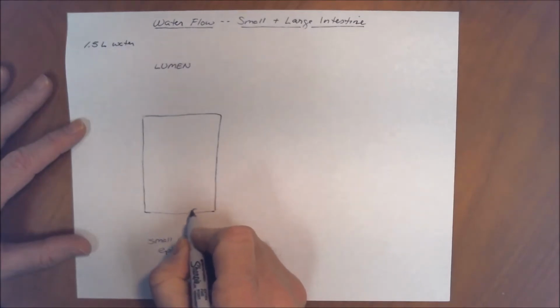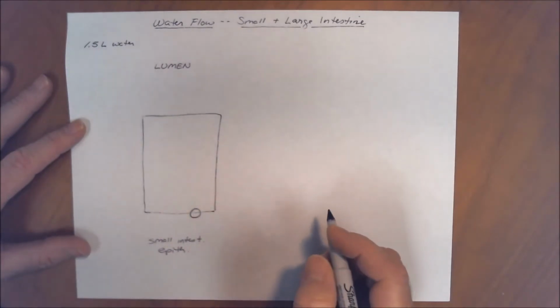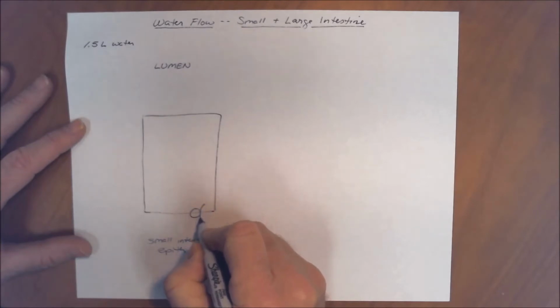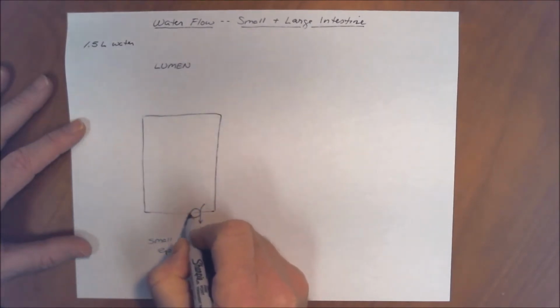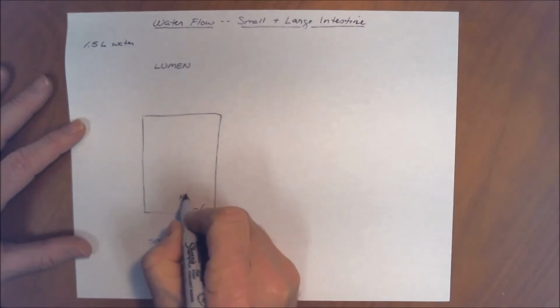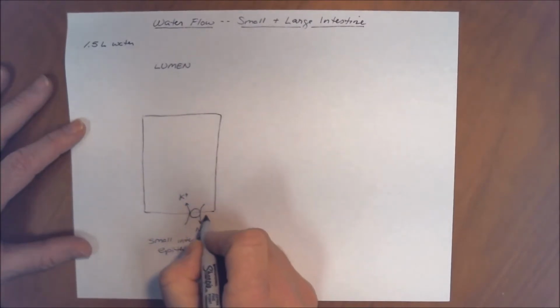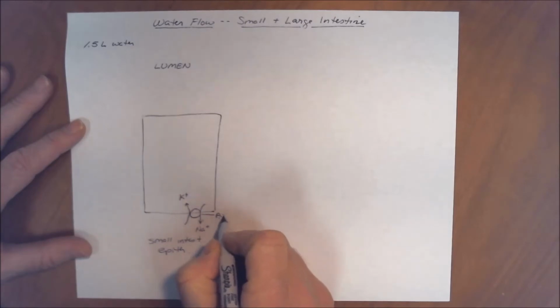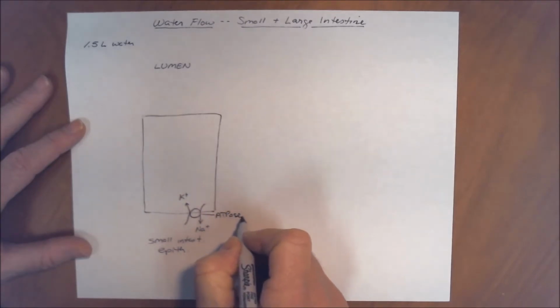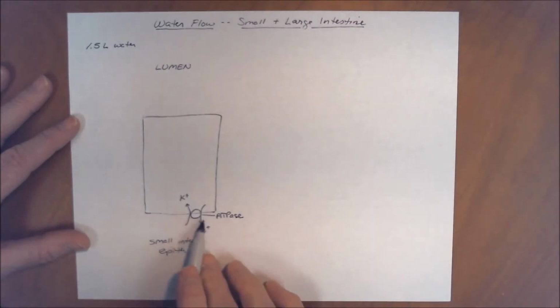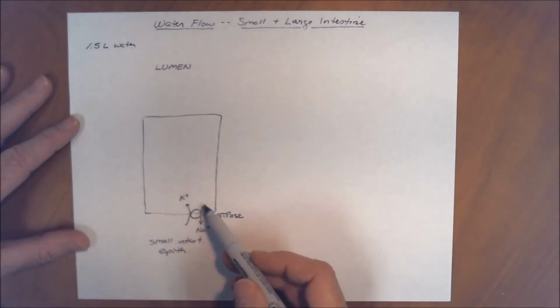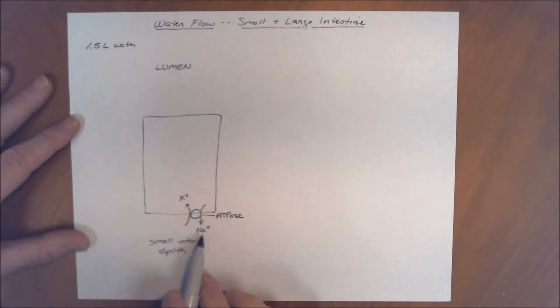Now in the basal surface here we have our classical sodium potassium ATPase transporter. So remember, this is primary active transport. We're going to hydrolyze ATP and use this energy to drive this pump. So essentially we're going to be pushing sodium out of the cell into the interstitial space.